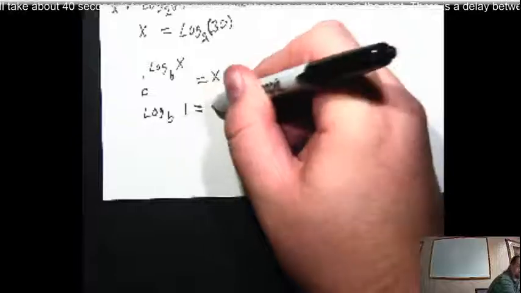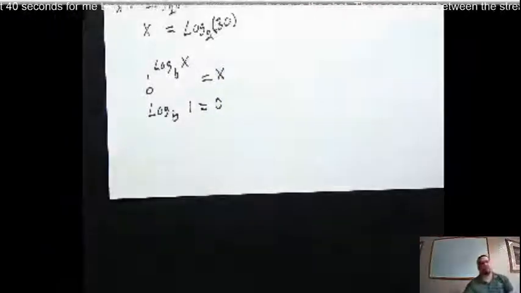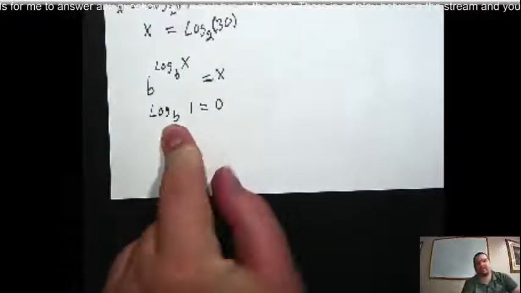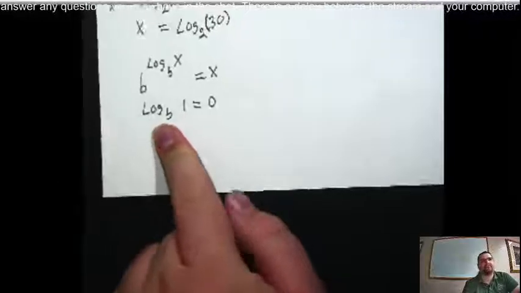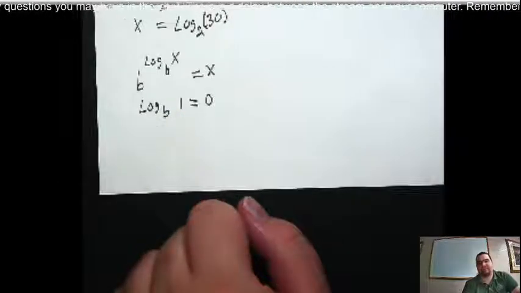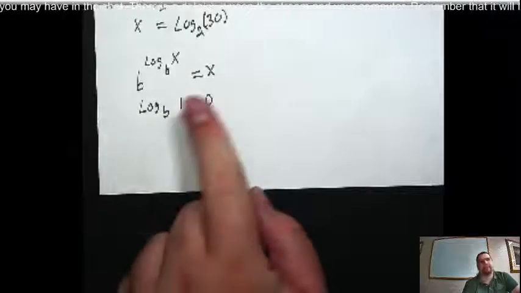If we have log base b of 1, this will always give us 0. Because if we think about it, what we're asking here is, what power do we raise b to get to 1? Well, anything to the 0 power is 1, so 0 power.